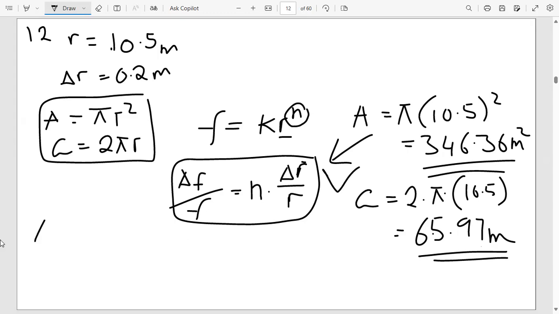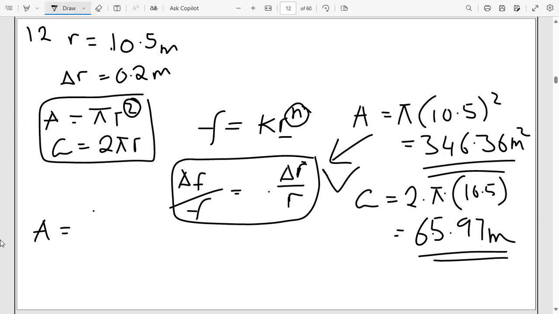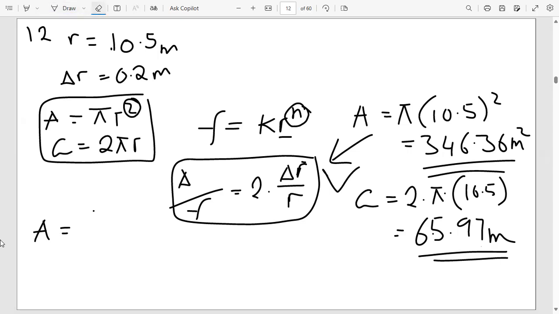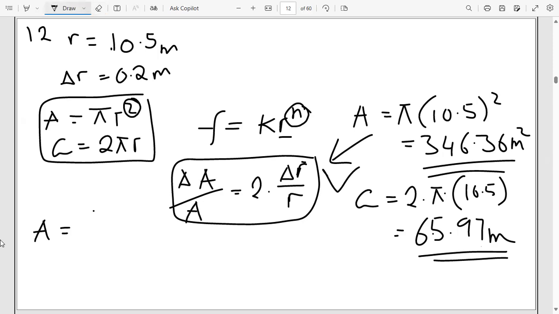So for uncertainty in area, using this function, this is going to be equal to what? We know that n in the formula for area is equal to 2. So we're going to plug this 2 where there's n here. And we are looking for uncertainty in area, so I'll change this also and put area, like that.